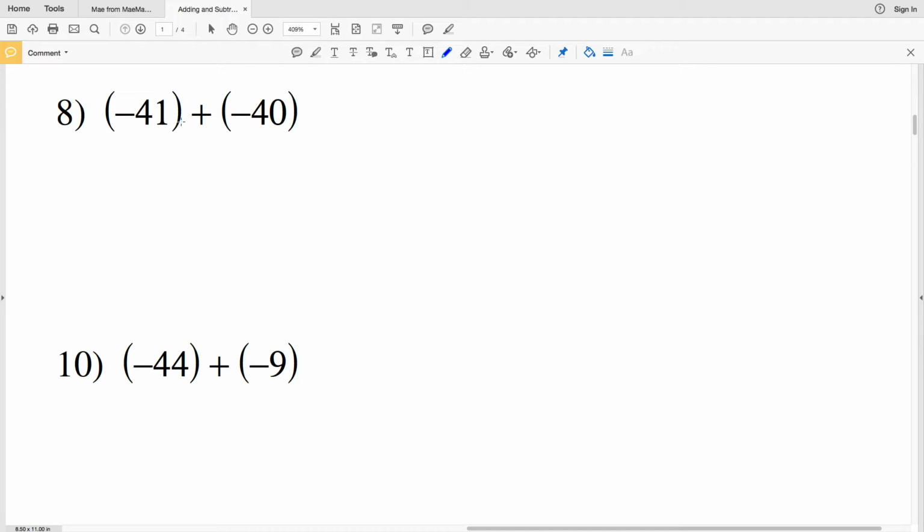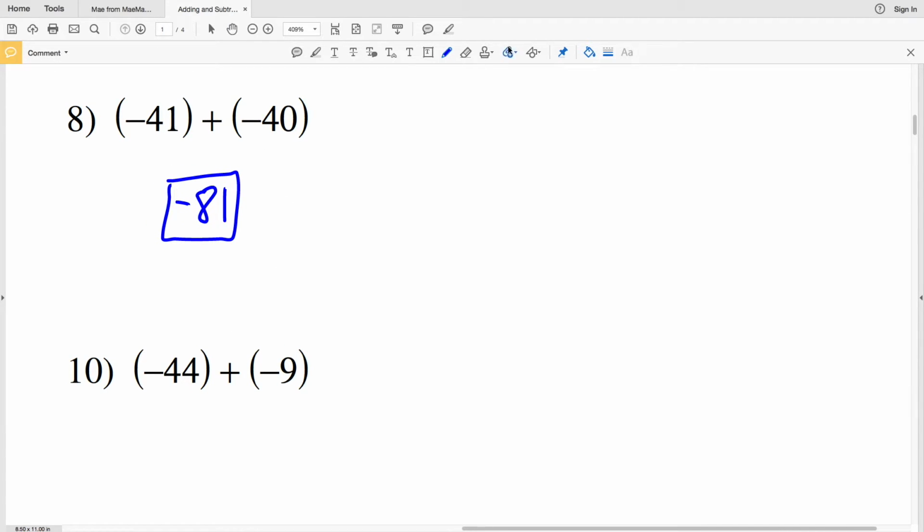Number 8 says negative 41 plus negative 40. We're 41 to the left on the number line, and we're going another 40 to the left, so this is going to be negative 81. If you wanted to do the switch-the-sign method, like I showed in a previous video, switch the signs. So this is a positive 41 and a positive 40.